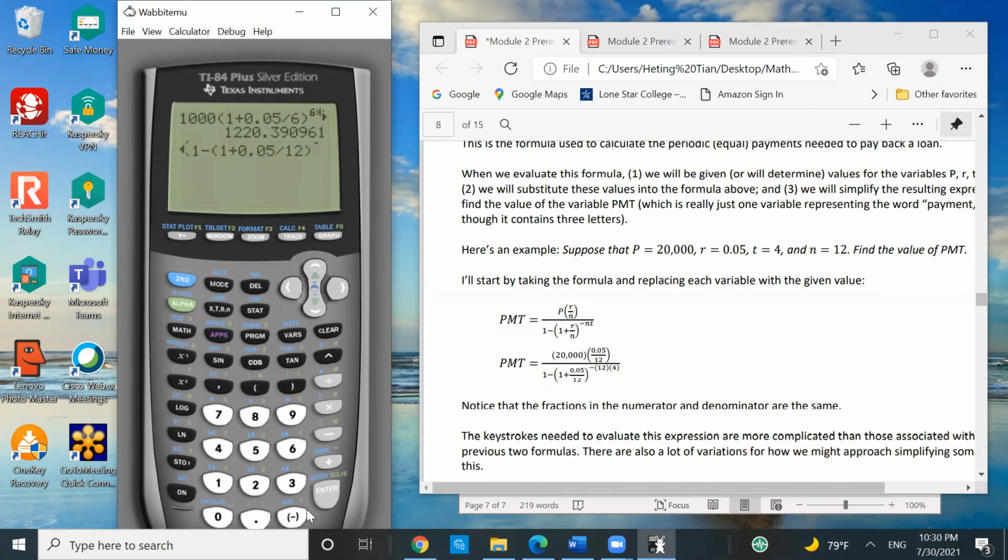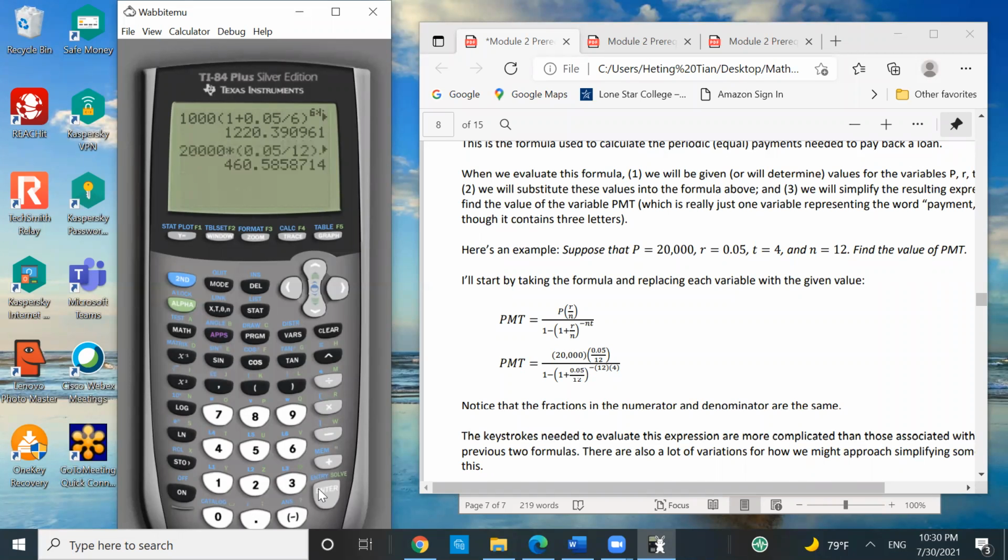Remember, negative sign is here. Negative n is 12, t is 4, is 12 times 4. And bring down the cursor and then close the parentheses, because you have parentheses here and here, and then hit enter.